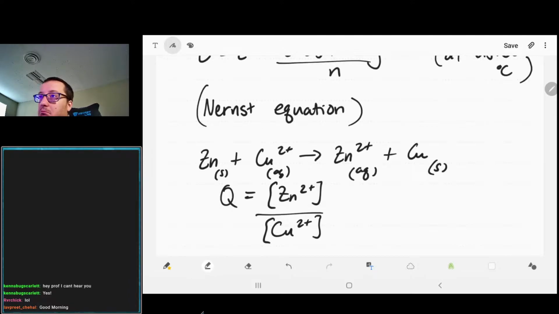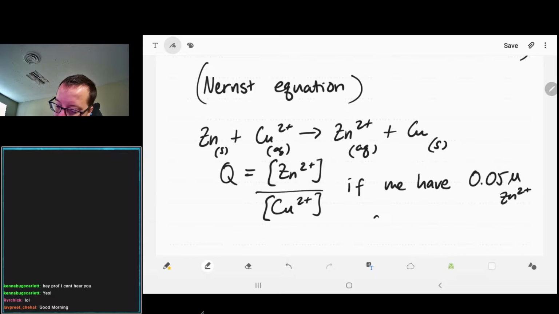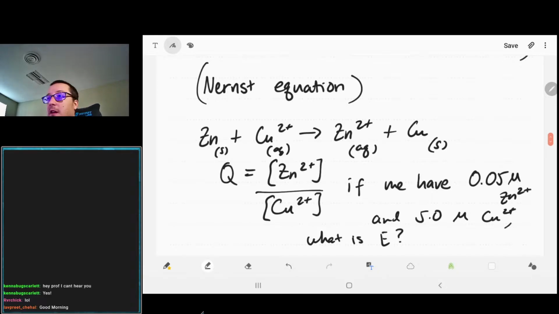So if we have, and 5 molar copper, we can figure out what our cell potential is going to be at these conditions.